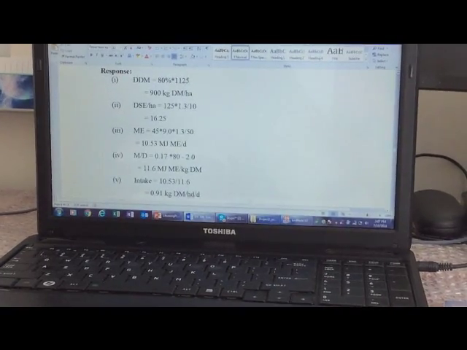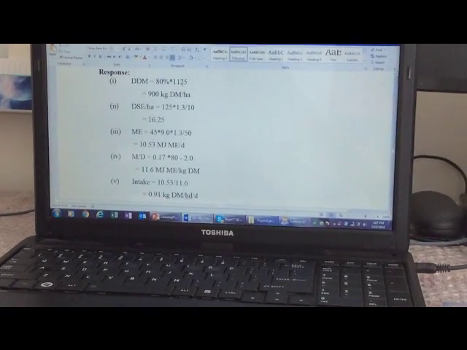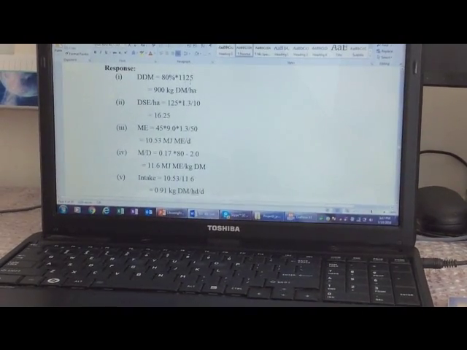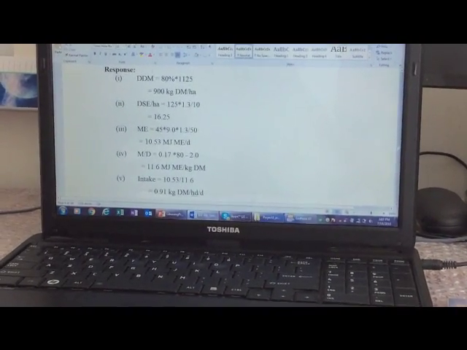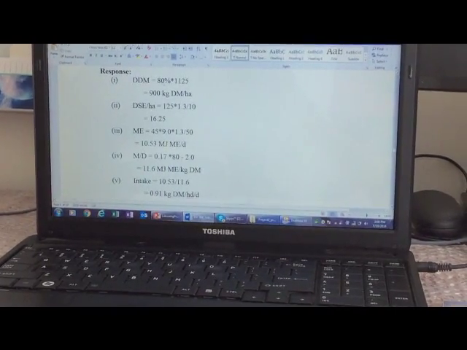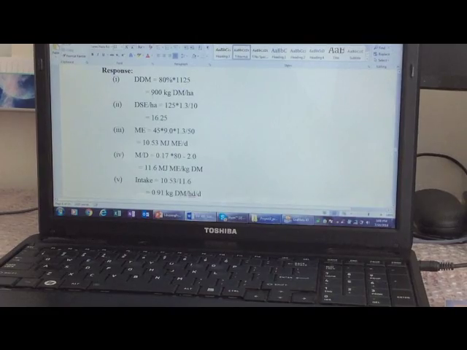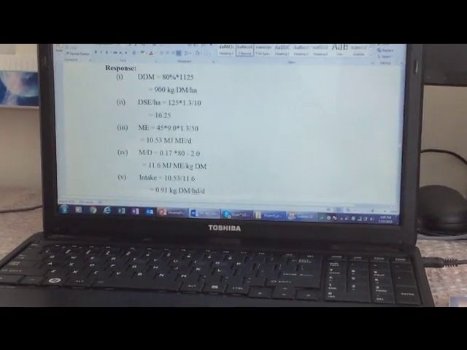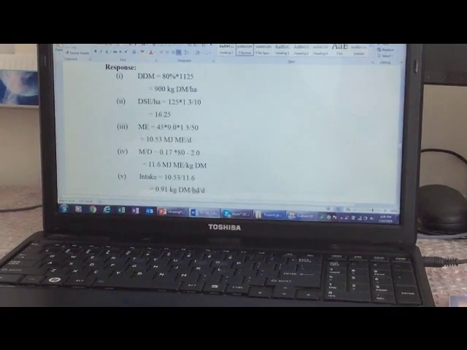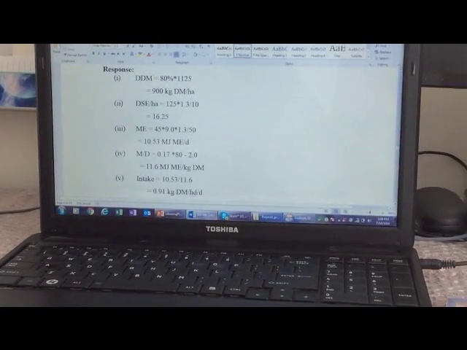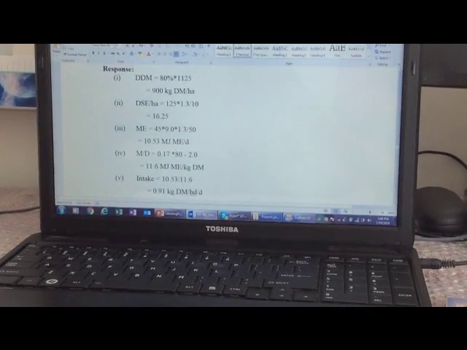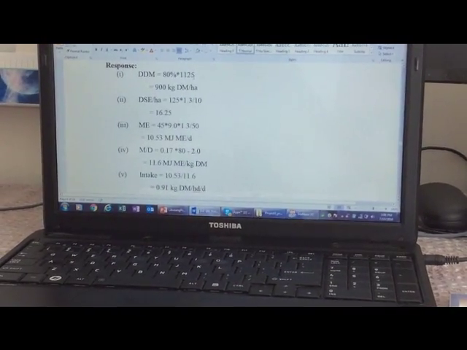Now, with that green herbage mass that you're offering to the animals, which is 1125 kilograms dry matter per hectare, you multiply it by the dry matter digestibility percentage of 80, and that gives you the figure of 900 kilograms dry matter per hectare, which is the DDM. That's the digestible dry matter. That is what is digestible to the animal, because not all of this 1125 is digestible to the animal.